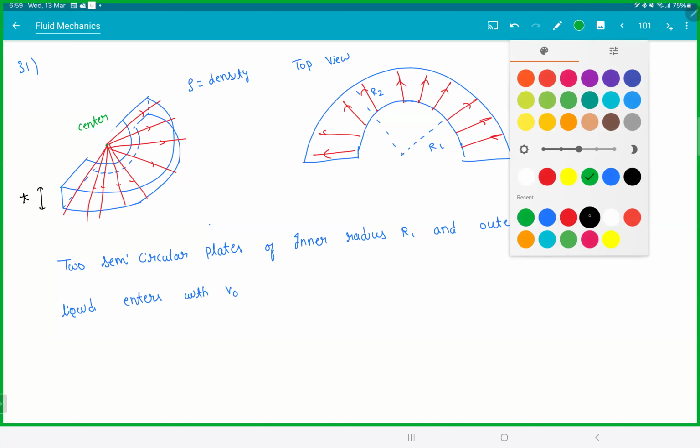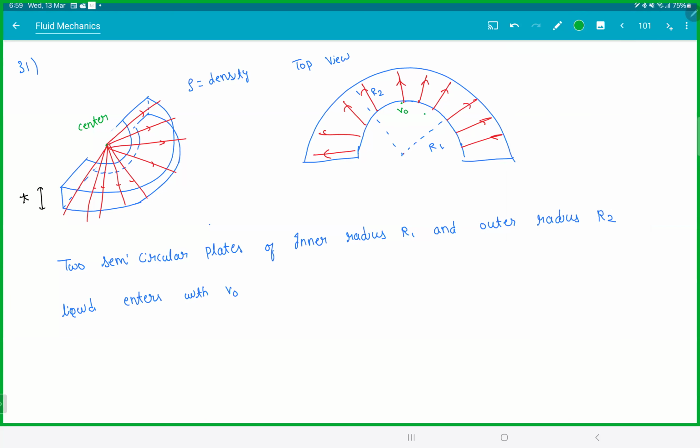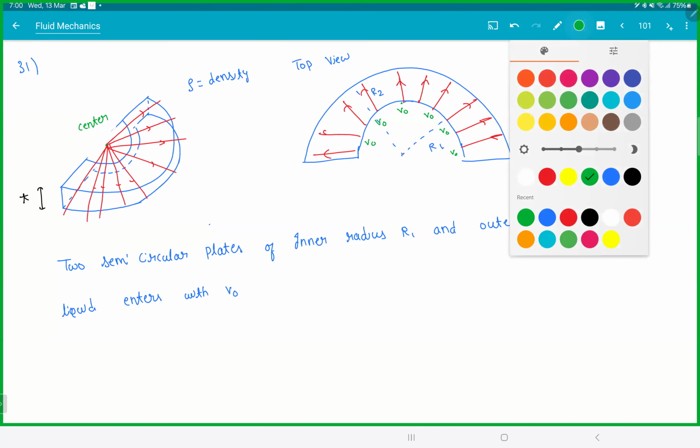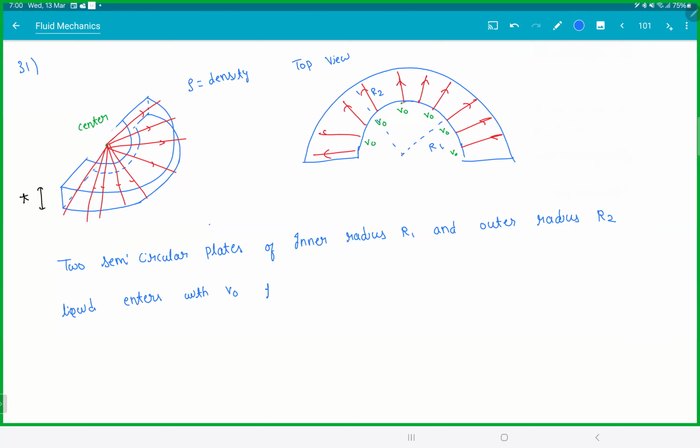So here when it is entering, the speed is V naught. It enters from R1 and leaves from R2. Distance between the plates is T.